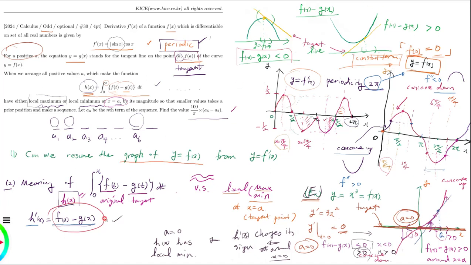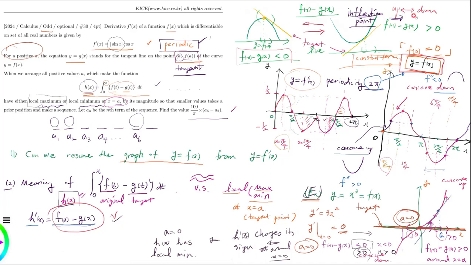However, the sign of f of x minus g of x does change when the graph of f of x changes its shape from, let's say, concave up to concave down, like this one, or conversely concave down to concave up here. I guess everybody already knows this point is what we call an inflection point.